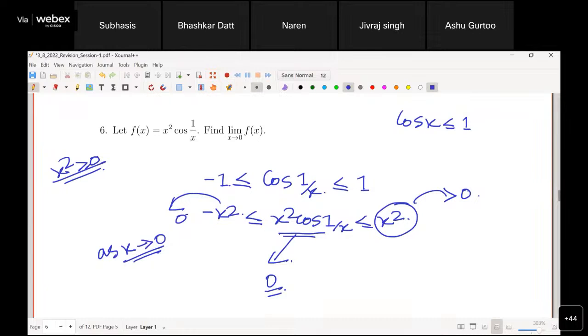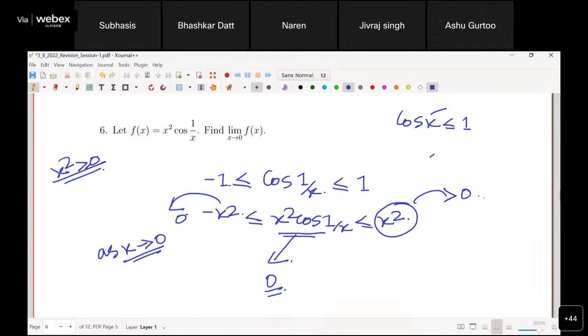Okay. But here, sir, actually the main challenge was to think that if cos x is less than 1, then cos 1 by x will be bounded between -1 and 1. No, that is not a big thing. See, if you are saying cos x, x varies over all the reals, right?